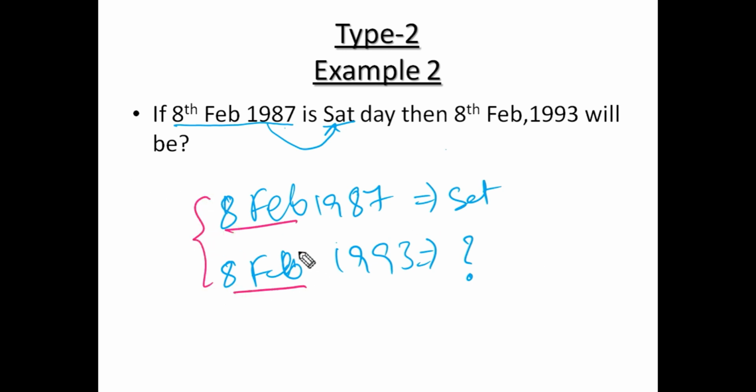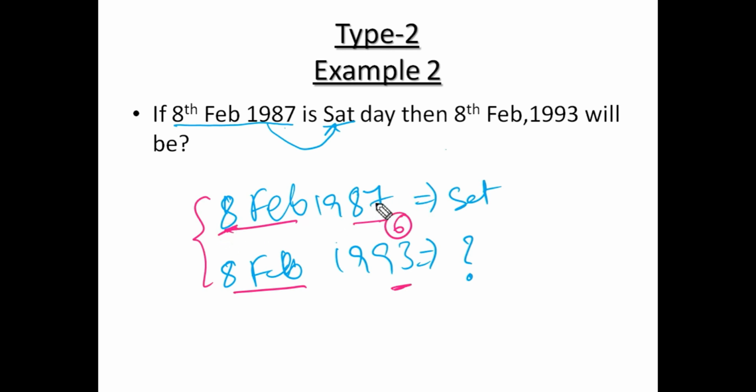8 February, 8 February. So the year gap is 1987 to 1993, a 6 years gap. Are all these 6 years leap years, normal years, or a combination of both? In this duration, 88 is a leap year and 92 is also a leap year. 1987 to 88, not a leap year.